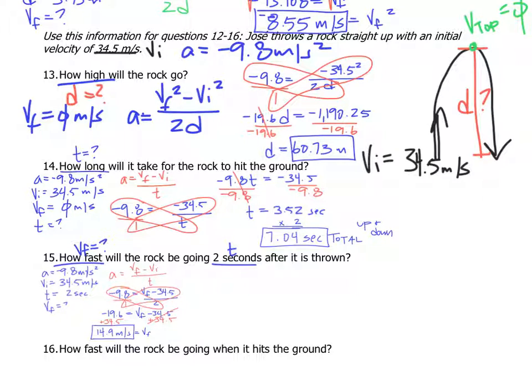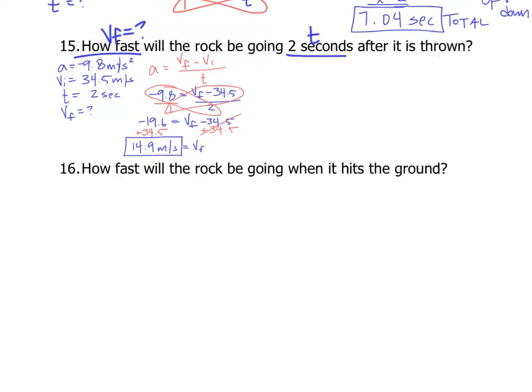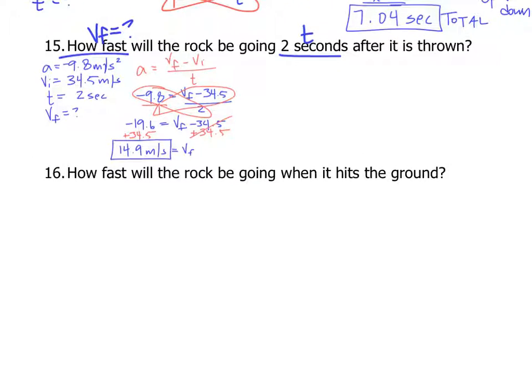Okay, so let's look at the last one on this page. Number 16. This is how fast will the rock be going when it hits the ground? So now I want to look at the final velocity as it comes down. Now, this one doesn't even need a calculation, and here's why.